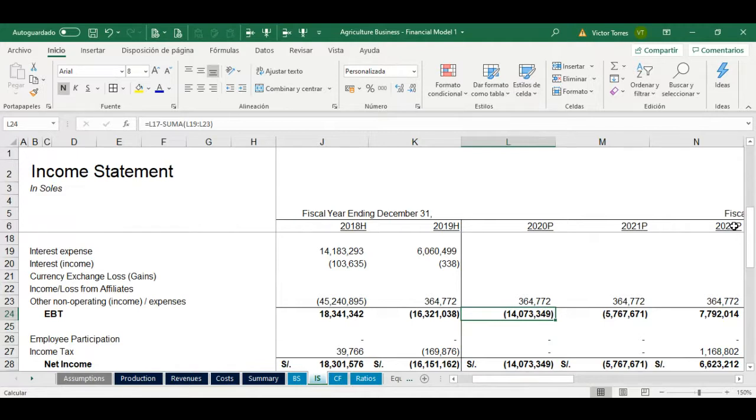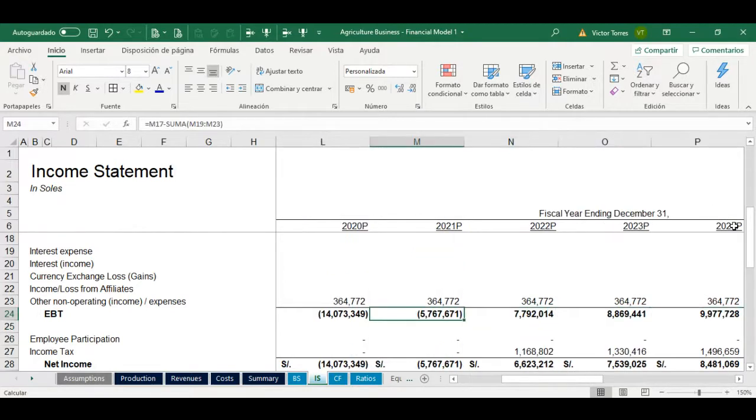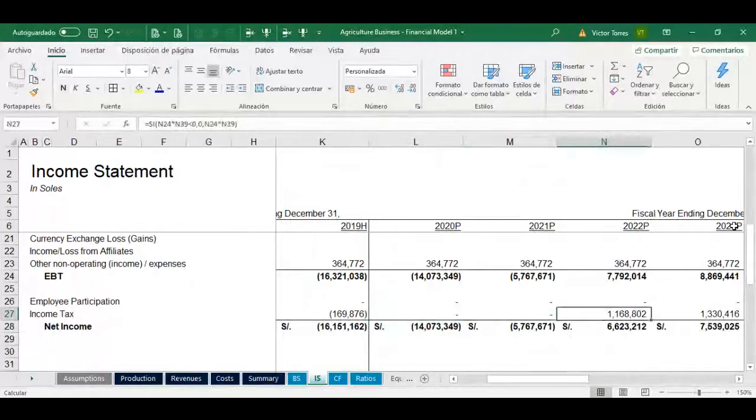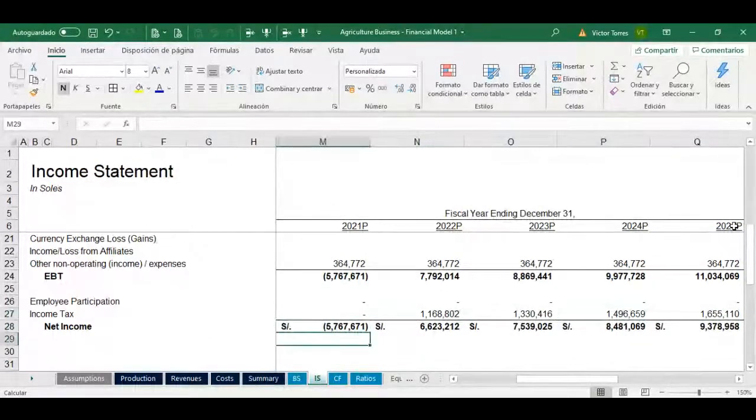SUNAT allows you to use these losses from this particular year 2020 to compensate any earnings you may have in 2021, 2022, 2023, and 2024, 4 years into the future. That's part of the current regulations for tax payment. So here, there's not going to be any tax payment as part of the typical estimation that we're going to be having.